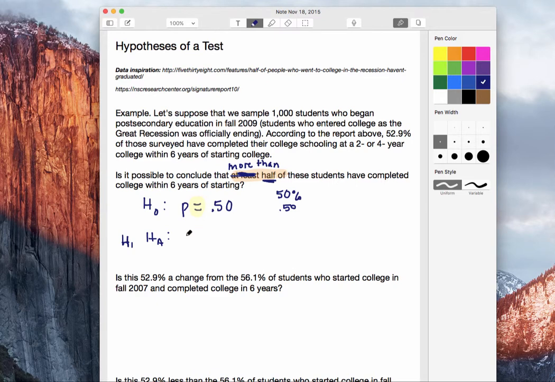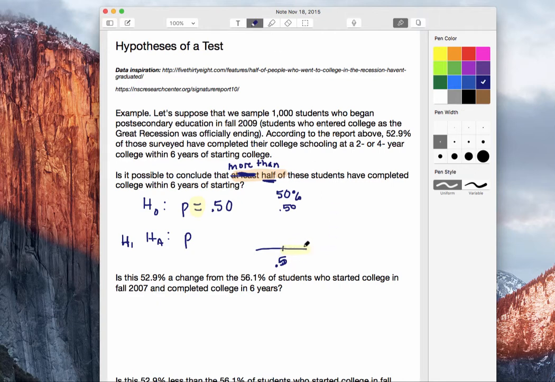For the alternative hypothesis, what's the alternate of P equal to 0.5? Well, we read the problem. This says more than half, so we want more than 50%. If I'm looking at a number line and I put 0.5 right there, and I'm looking at more than 0.5, I'm going to highlight above there.